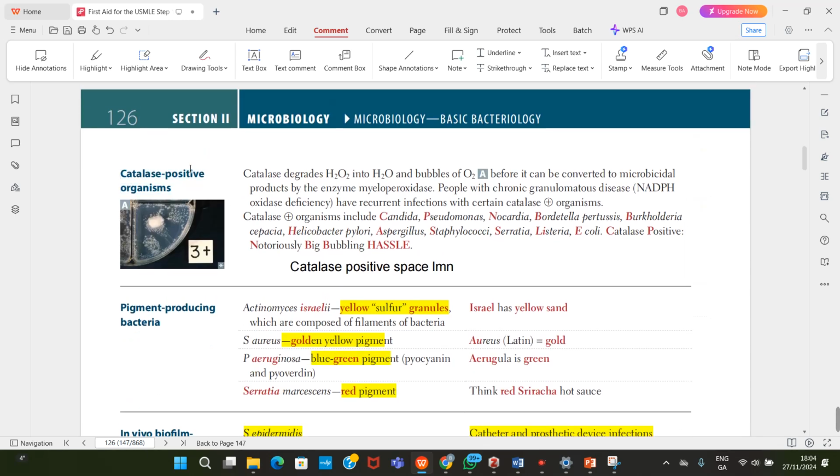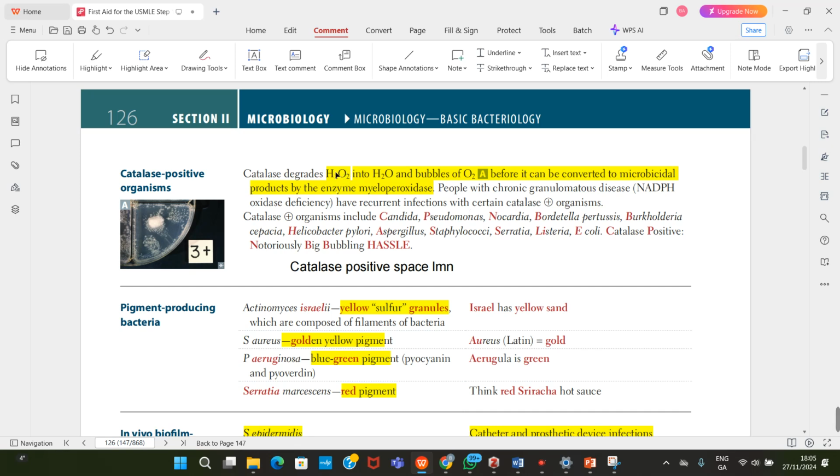So catalase is an enzyme that degrades hydrogen peroxide into water and oxygen. We know that one already. And later, the hydrogen peroxide is going to combine with chlorine to form hypochlorite, and that reaction is catalyzed by myeloperoxidase. So it is that hypochlorite that they use to kill bacteria.